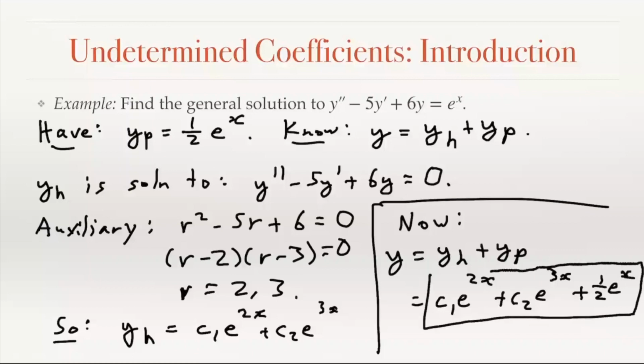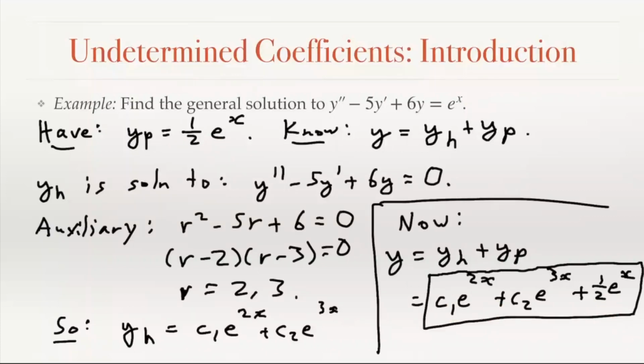That is our general solution to this non-homogeneous linear differential equation. So that's the method. We find yh, we find yp, and we add them together. And we find yp via this method of undetermined coefficients.